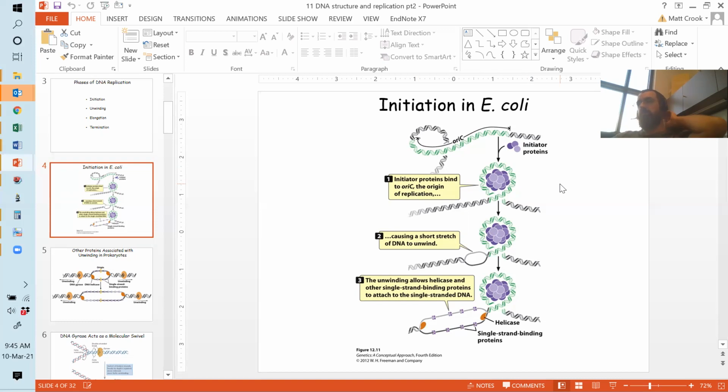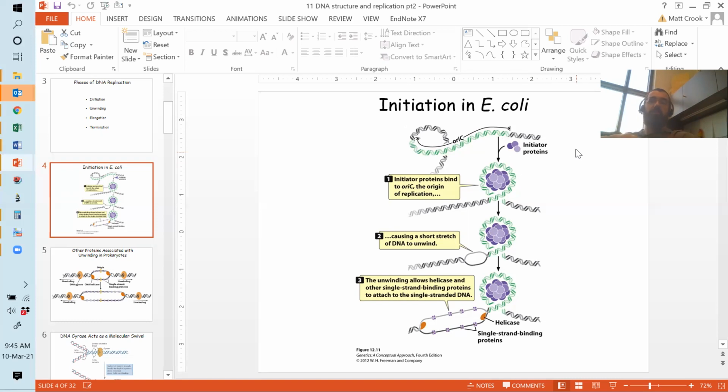Remember we talked about the ability of proteins to recognize DNA, both its shape and its sequence. That's what you're seeing here. This origin of replication has a particular DNA sequence, and that is recognized by these initiator proteins.